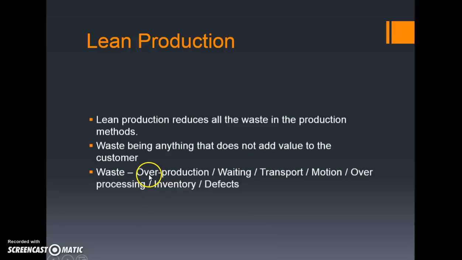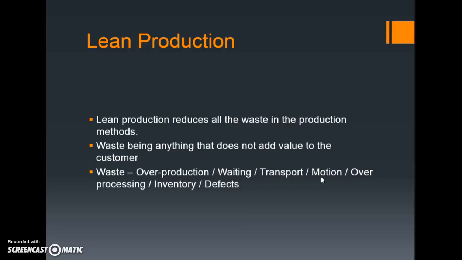So very commonly we look at waste as overproduction, too much production of something, waiting for raw materials to be delivered, or transportation going from one part of the process to another, from A to B, the motion, how you physically get the raw materials through the production process, over processing, doing too much in the production process, maybe too much paint on that final product, whatever it might be.